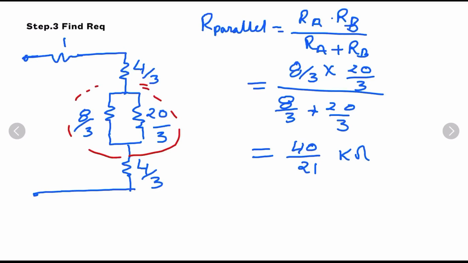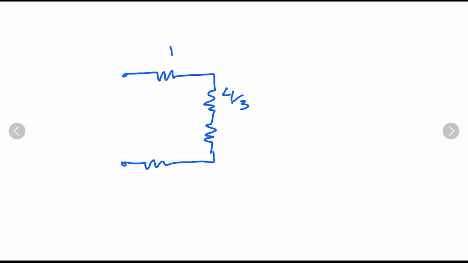After doing this, we will again redraw the circuit. 1, 4 by 3, 40 by 21 and 4 by 3, and this is R equivalent.